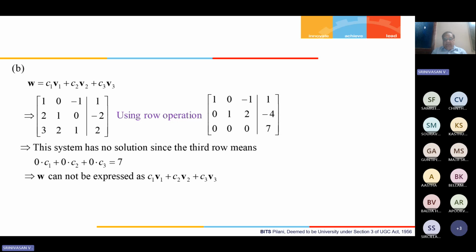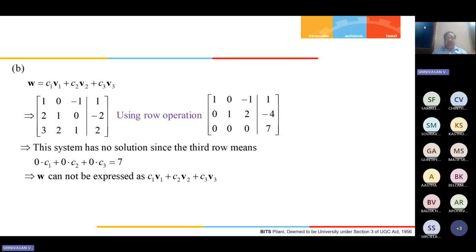So 0 is already there. This is 2 minus 2 into 1, so you have 2 minus 2, 0. Next is 4 minus 2 into 2, isn't that? 4 minus 4, 0. And next is minus 1 minus 2 into minus 4, that is minus 1 plus 8, 7. So you had finally 0, 0, 0, 7.